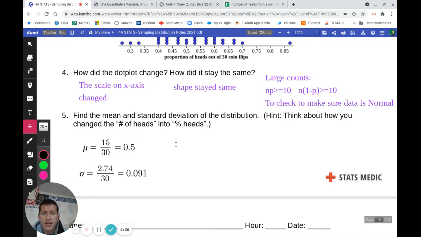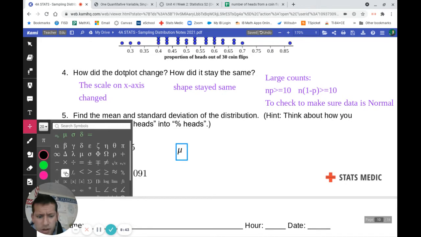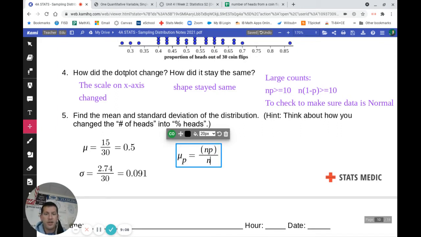So we can write that down as a general formula here. We need our mu, the mean, of p hat is equal to, and I'm going to put a little hat there to show that it's a sample proportion. Our mean was n times p, and we divided by n.